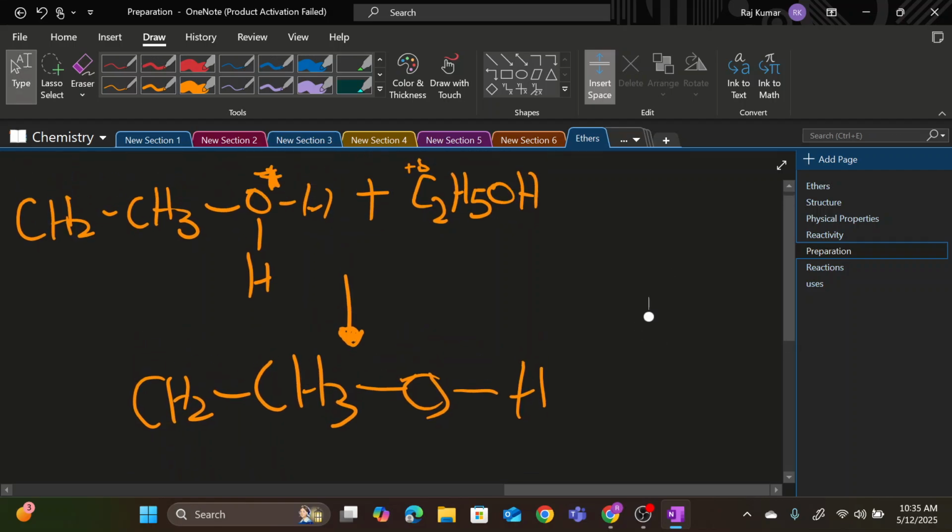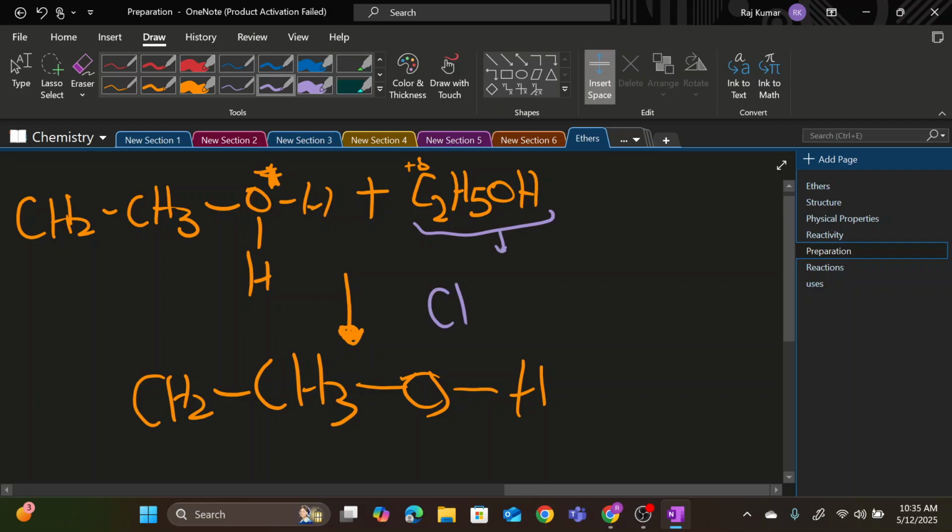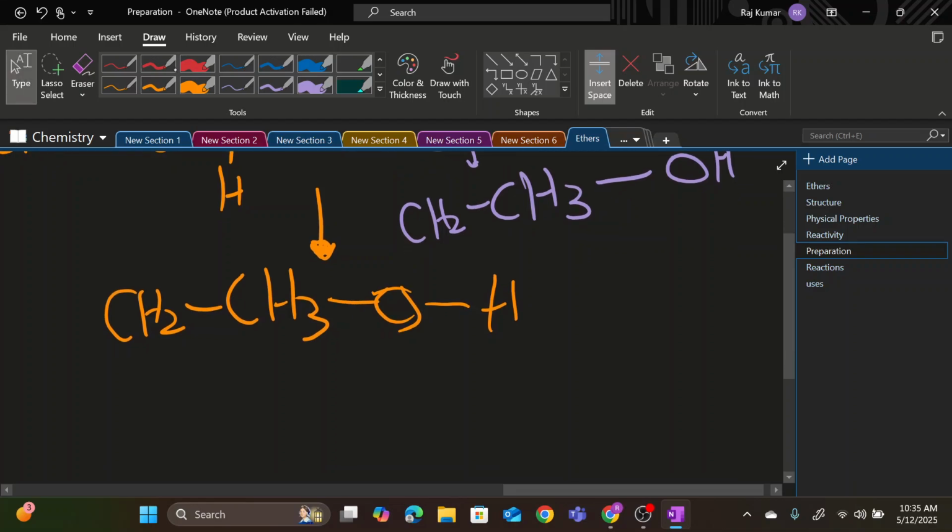Let me expand this structure. This is the structure: CH3, CH2, OH. What actually happens is the carbon to oxygen bond is broken. Due to the breakage of the carbon to oxygen bond, this CH2CH3 becomes an electrophile, and the alpha carbon attaches with the oxygen, due to which it forms this structure: CH2, CH3.